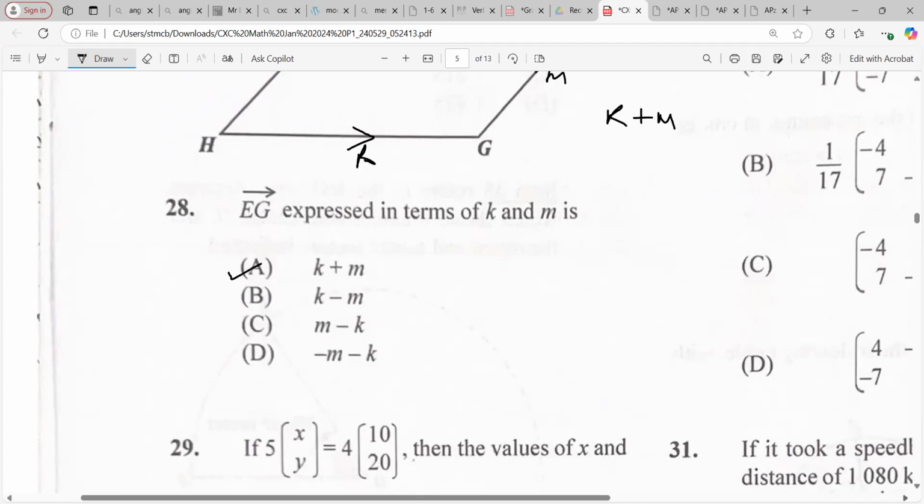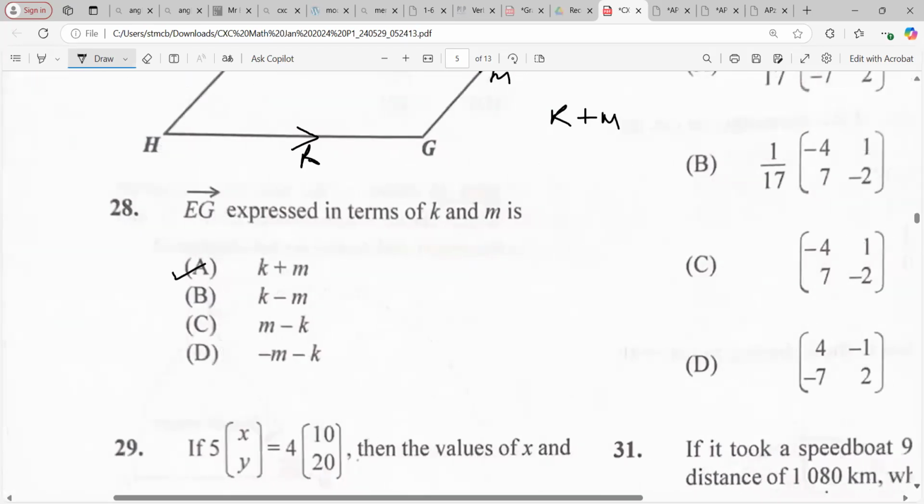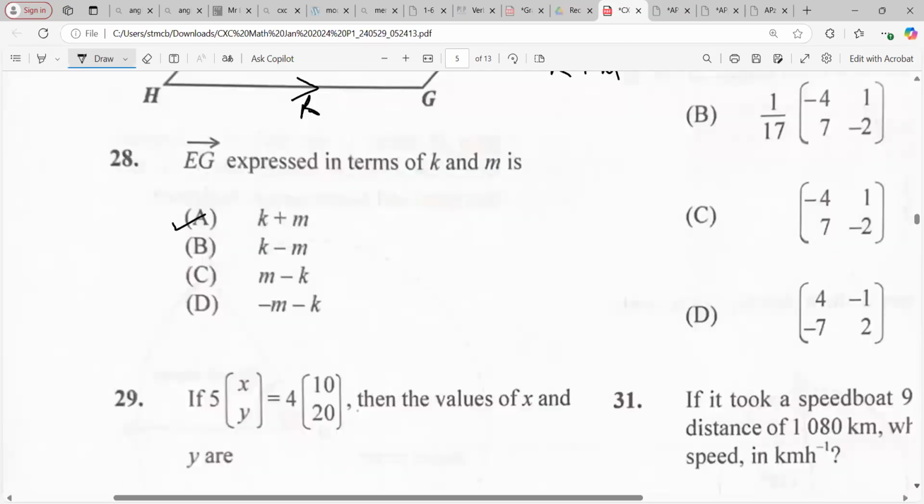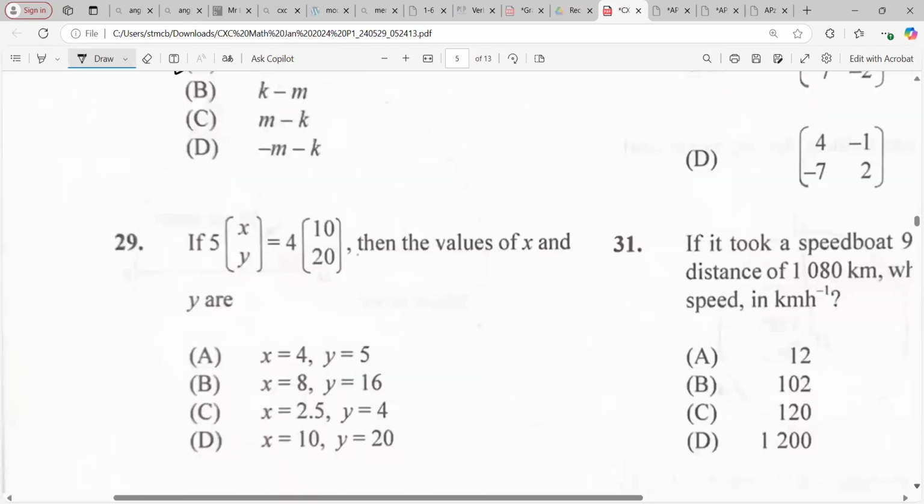All right, let's move on to 29. If 5 bracket xy is equal to 4 bracket 10, 20, then the values of x and y are. All we need to do is expand the bracket, so that gives us 5x is equal to 4 tens, 40.